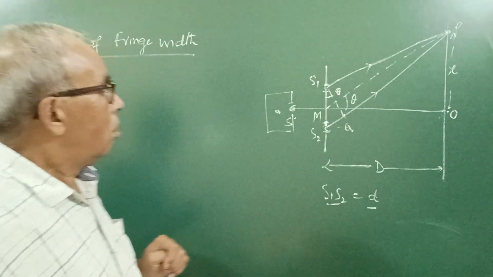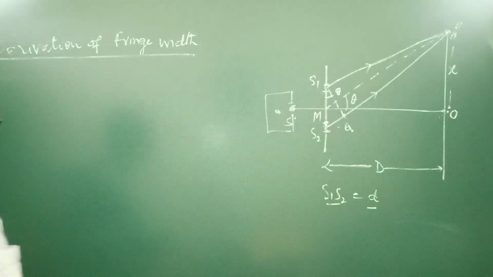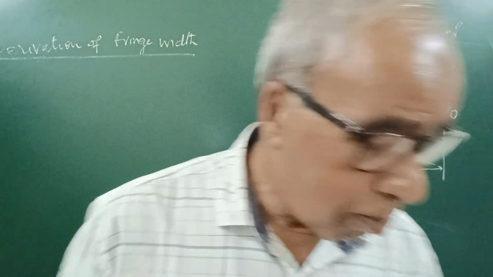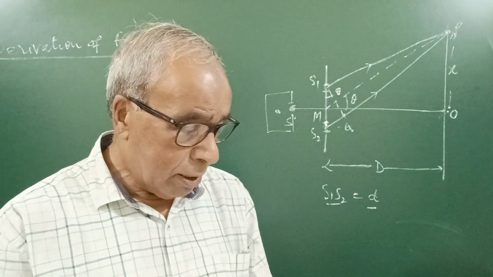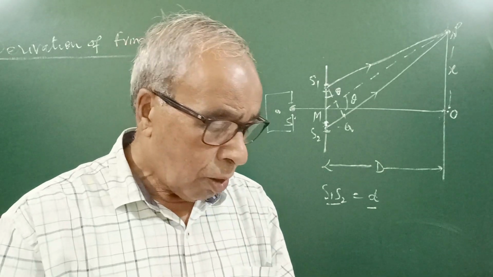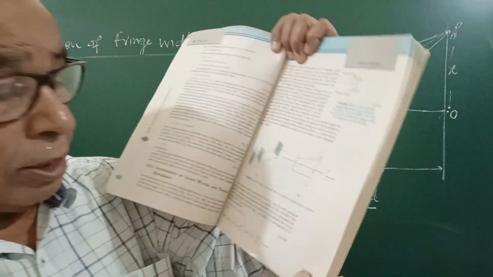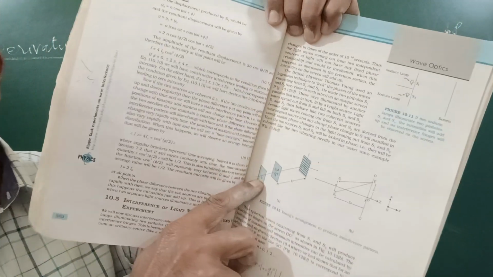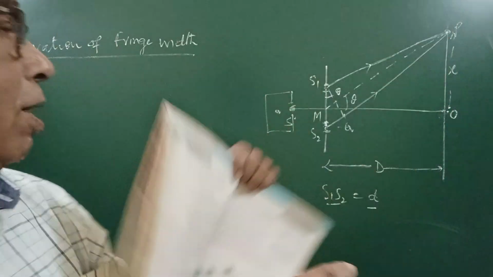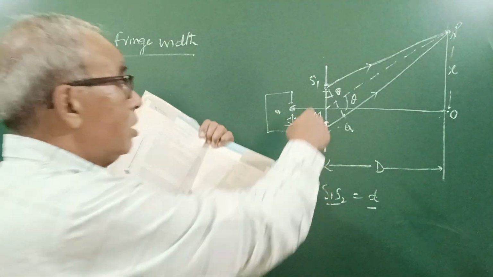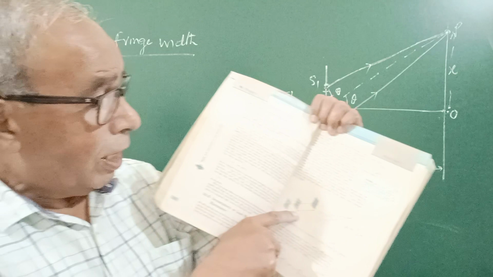this interference experiment. He performed the experiment, and the line diagram is given in the NCERT book here on page 363. Here is a slit, as I have shown, and these are two slits here in the screen.